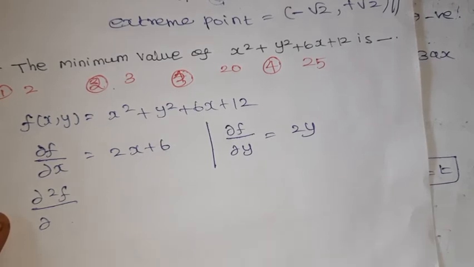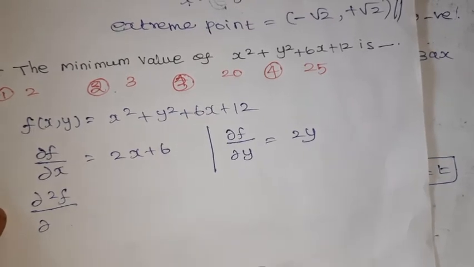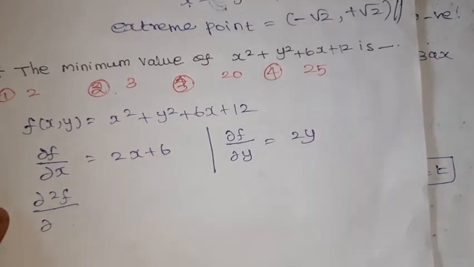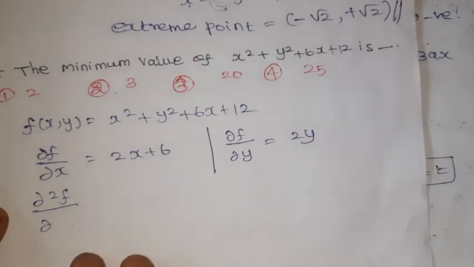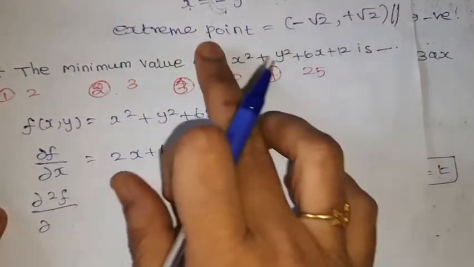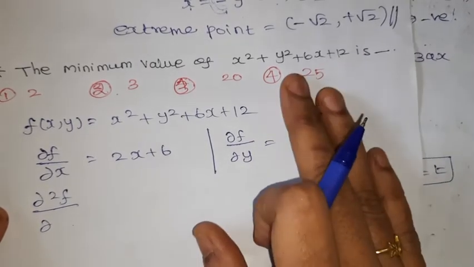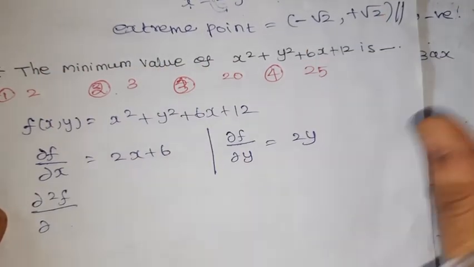First we find the stationary points, or extreme points. From the stationary point we substitute in RT minus S squared to check whether it is minimum or maximum. If it gives a minimum, we substitute that point in the given function to find the minimum value.